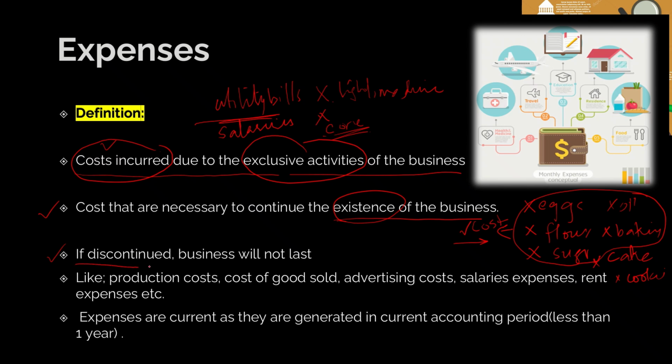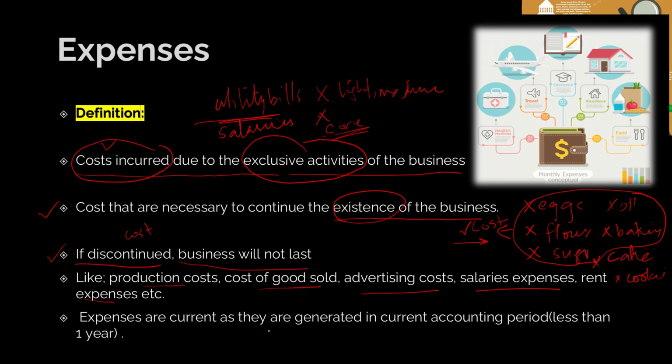If discontinued, what discontinued? The costs. Businesses will not last if you do not invest in the cost of the business, like production costs, cost of goods sold, advertising costs, salaries expense, rent expense, etc. These are all the costs that are going to support your business.